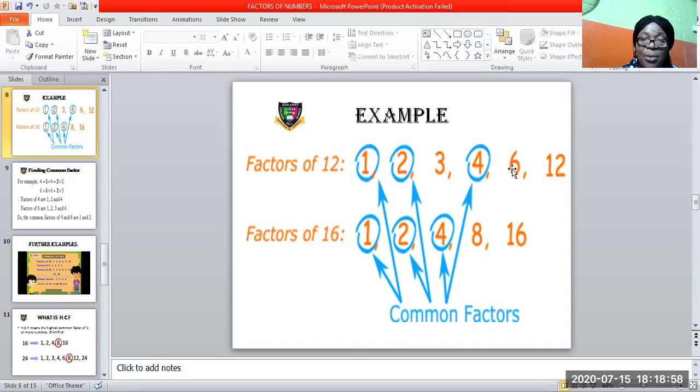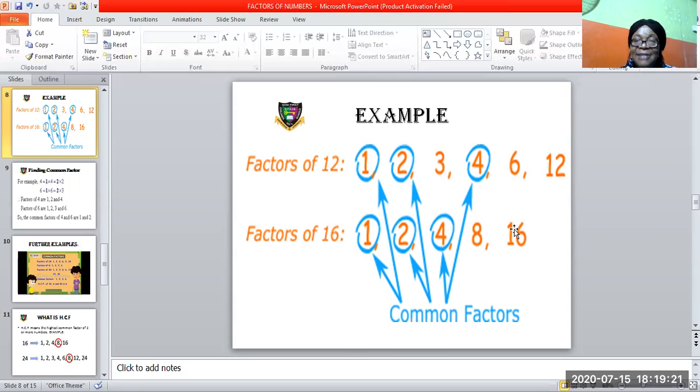6 is not a common factor of 12 and 16. 12 is not a common factor of 12 and 16. 8 is not a common factor between 12 and 16. 16 itself is not a common number between the two.